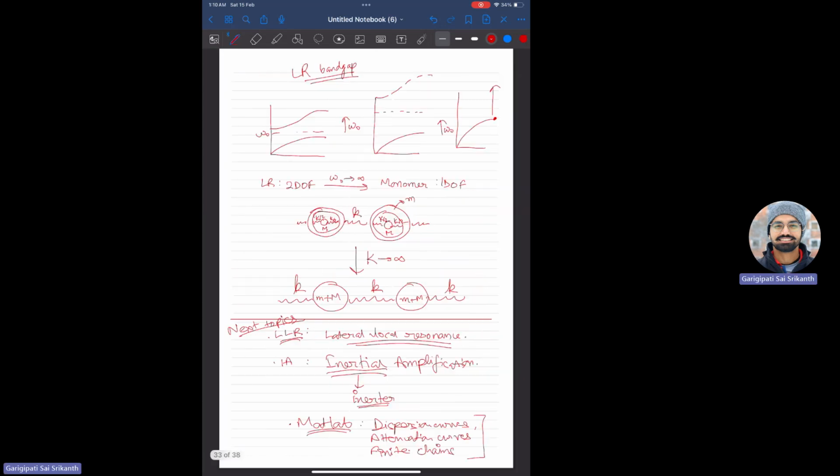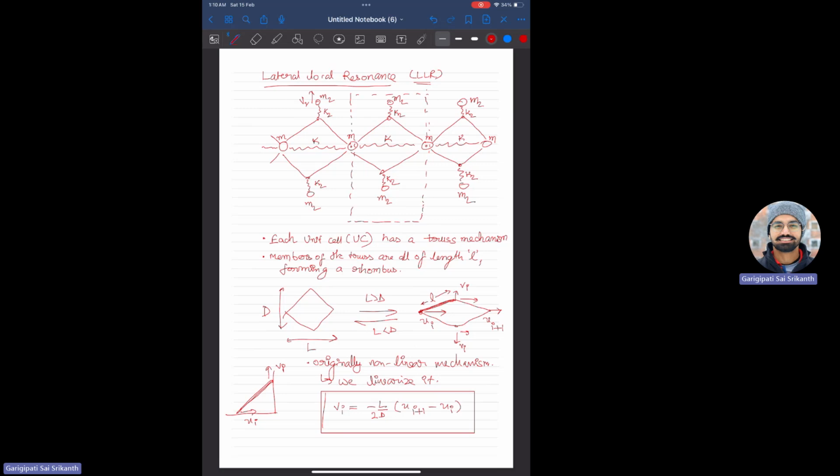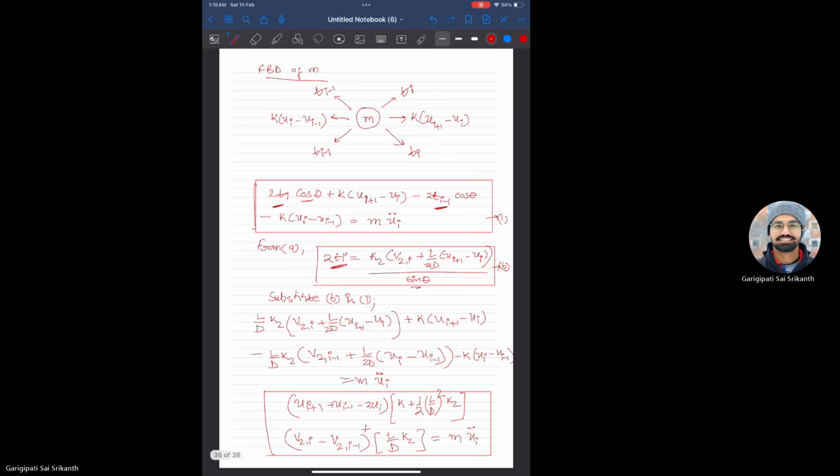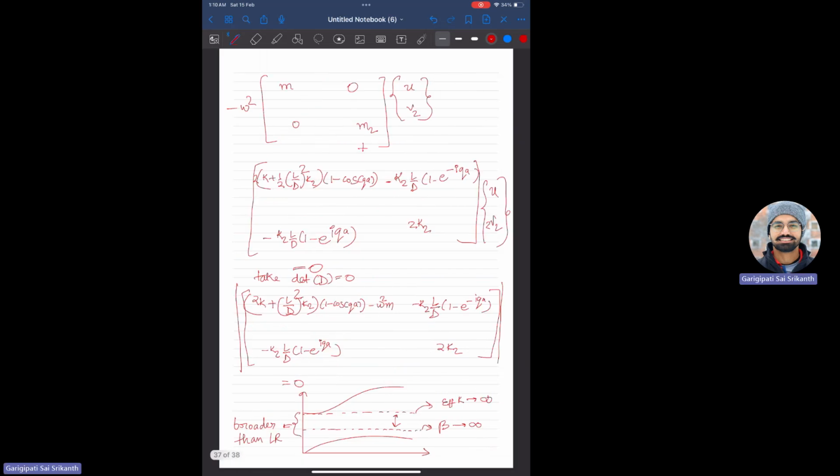We started with lateral local resonance, then we covered a lot of literature as well that's not covered in these notes. It's covered in the derivations, and these are very crucial minor points. If you get them wrong, you'll totally mess it up.